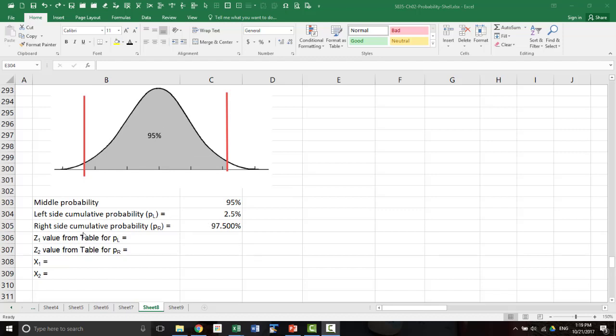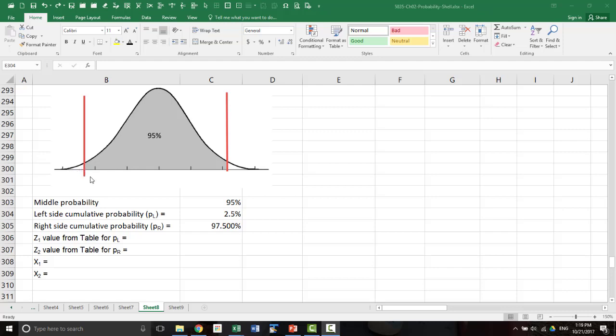Let's use the table first, and then we will do the problem using Excel functions. So 2.5%, that is that area. Remember, the z values tabulated in the table are from 0 on to the plus side. So we need to convert this probability of 2.5 into a cumulative probability on the right side.